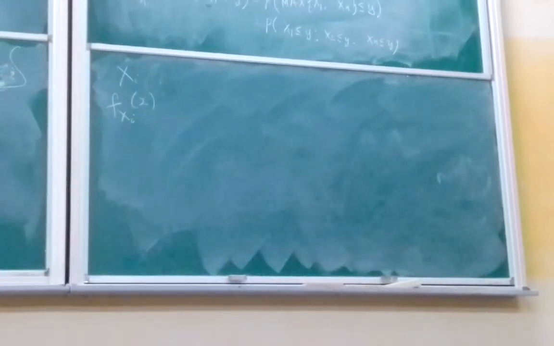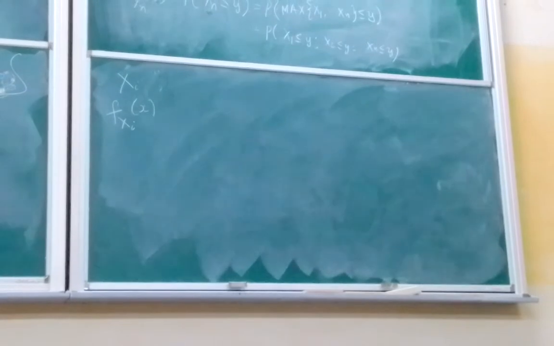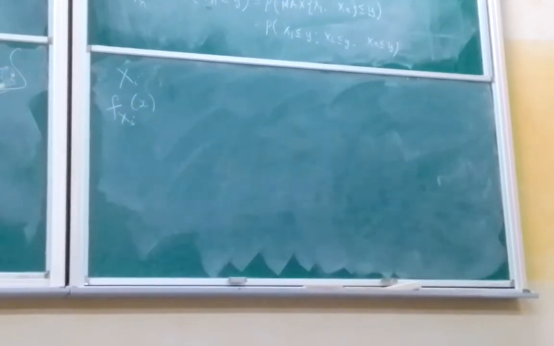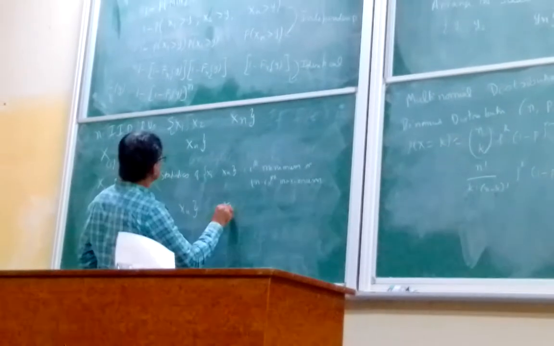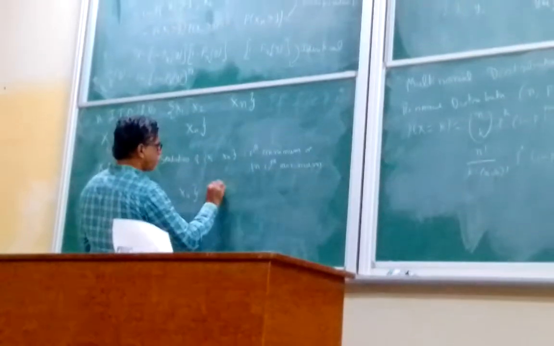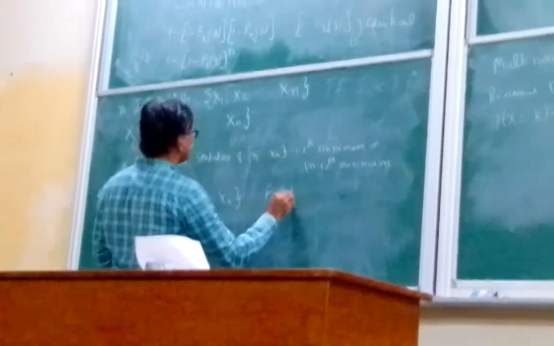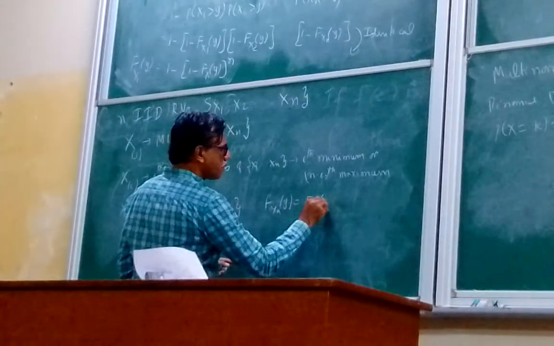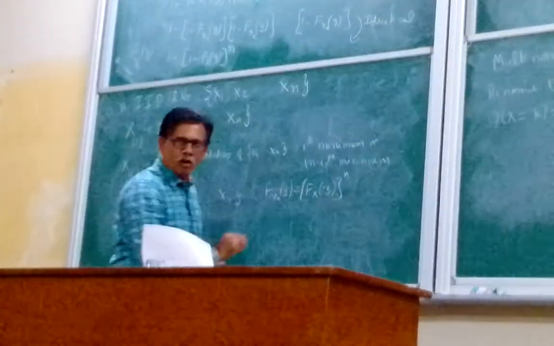We can not only stop with the CDF, we can even proceed and get the density function. What we have got is F_Yn of y, which is F_X evaluated at y, to the power n.